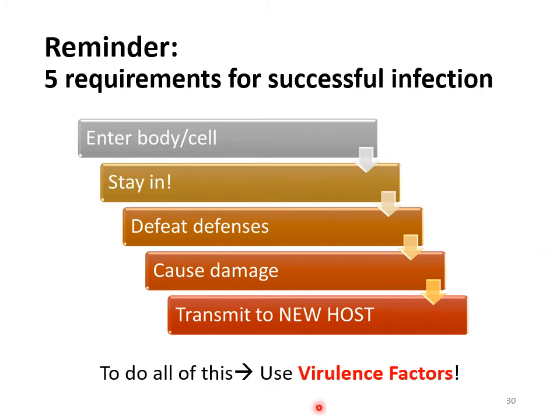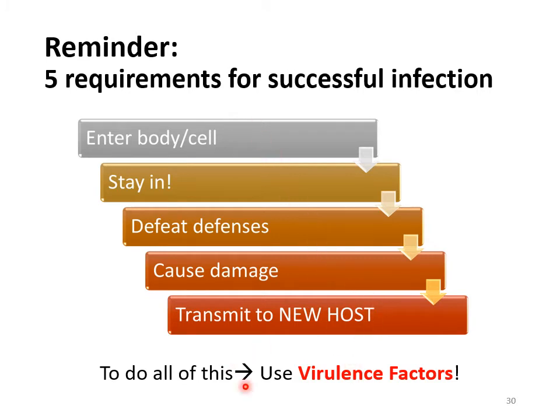Now what's new on this slide is the term virulence factors. And I want you to circle, star, highlight that term, because virulence factors is something that will come up multiple times throughout this course, and you have to know the definition. What virulence factors means is any molecules that are produced or secreted by the bacteria to do all of these above things.